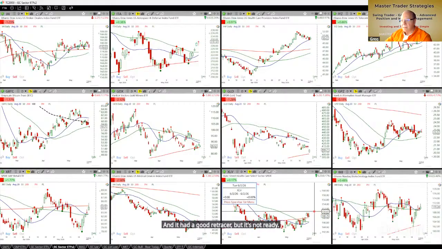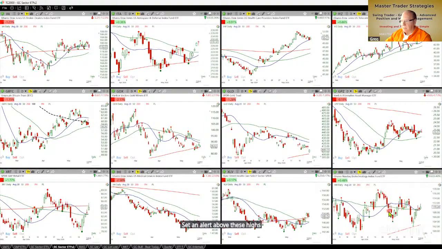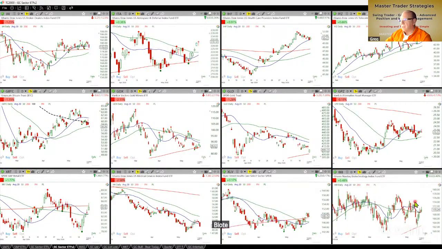Healthcare, maybe. Set an alert above these highs. Biotech, just too wild and whippy. Asset management, maybe. You can see the moving averages are tightening up. Just not ready yet. Set an alert up here, down here. Not sure what it's going to do.